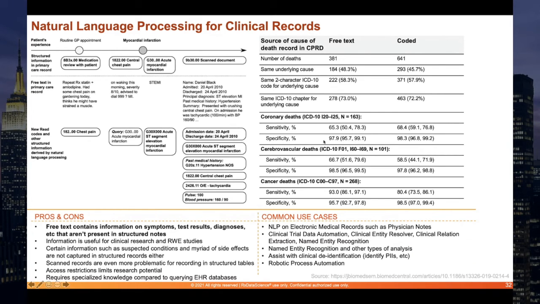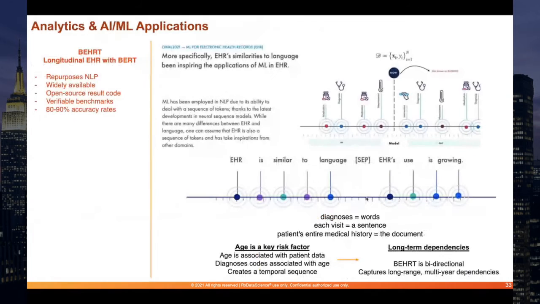This basically compares free text, on which you applied natural language processing, against coded results from structured data, looking at specificity and sensitivity. And what you find here is that in most cases, the results are comparable or they exceed what you can find from structured EHR datasets.